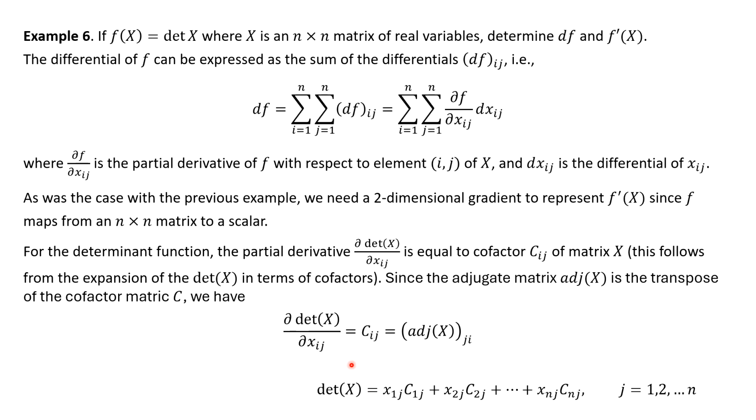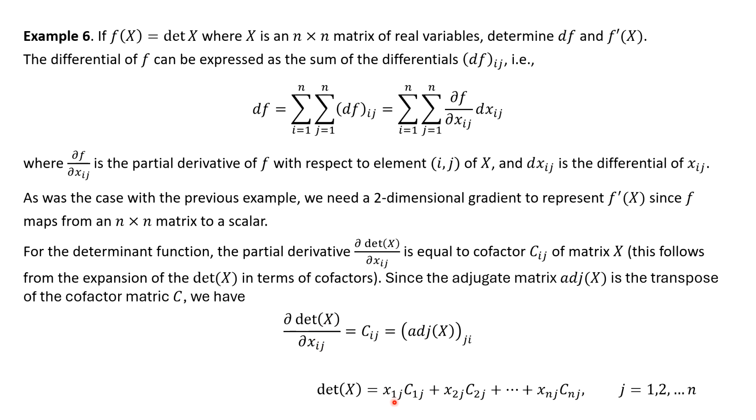Okay, so the formula is here. We have the partial derivative of the determinant of x with respect to xij. So we just find the appropriate expansion for the column we want to work on. We do that for each column, and then we see that everything is going to have a partial derivative of 0, except for the ij term.